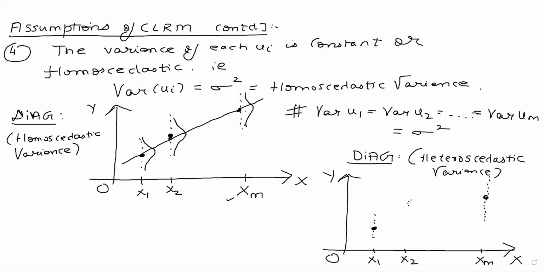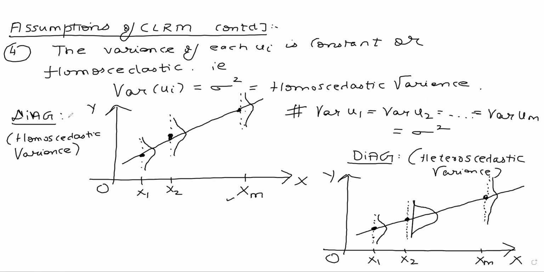Okay. So this is my population regression function. Now, guys, when I say heteroscedastic variance, you can clearly see the spread will now change. See, in every case, you can see the spread is different.